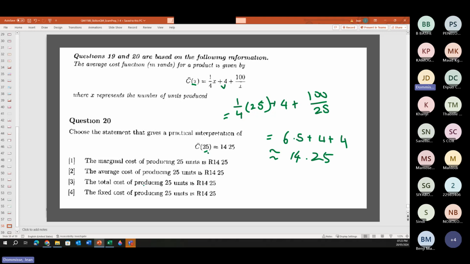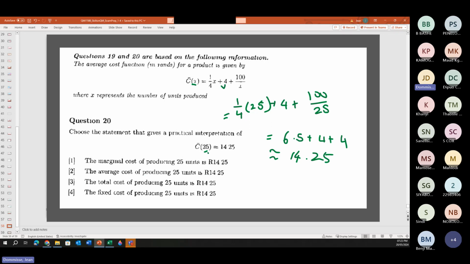But what do they ask us? Choose the statement that gives a practical interpretation of this. The marginal cost of producing 25 units is 14.25. The average cost of producing 25 units is 14.25. The total cost, the fixed cost.